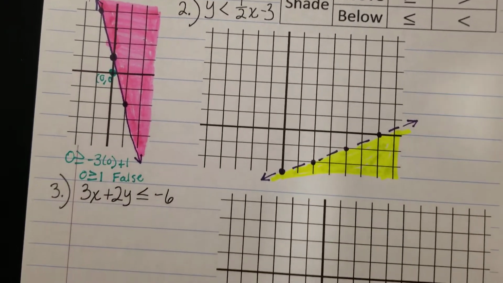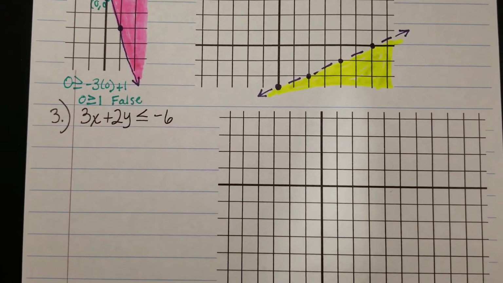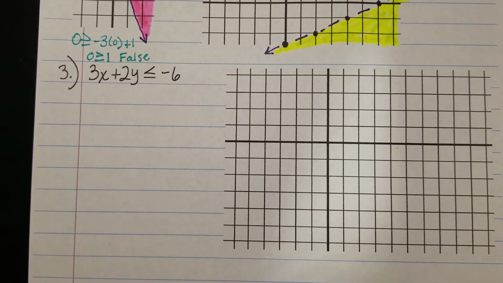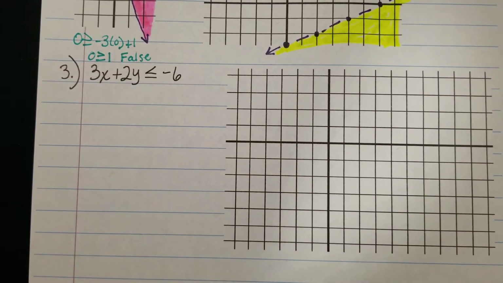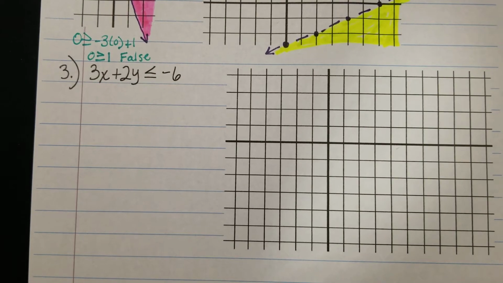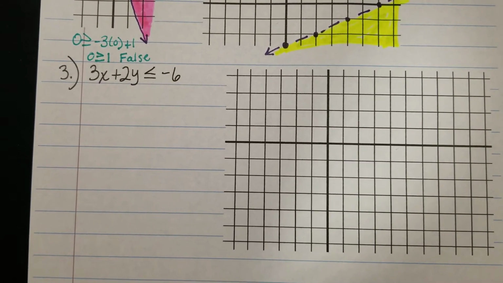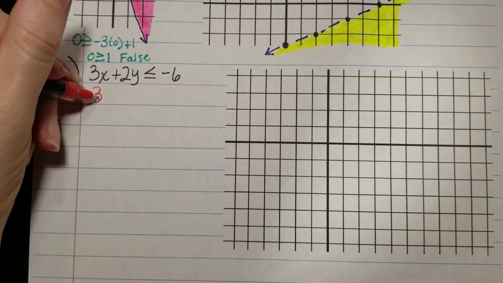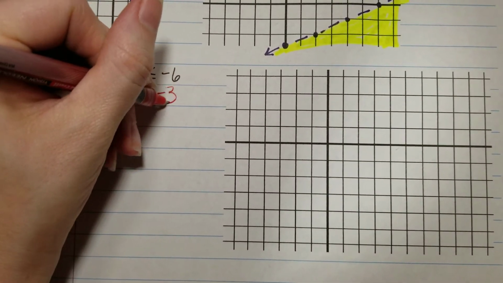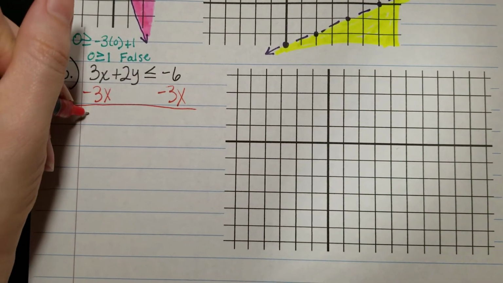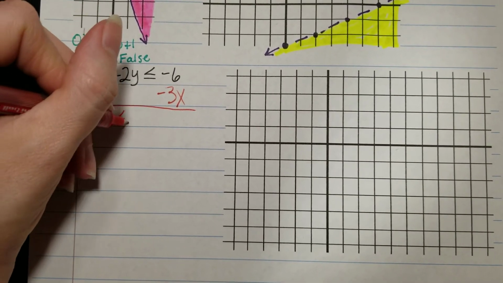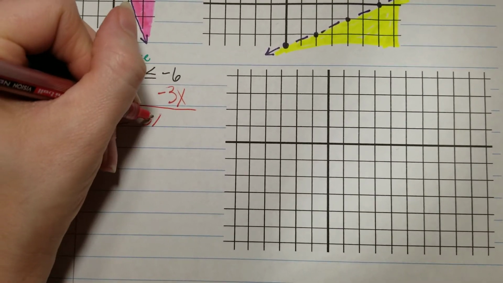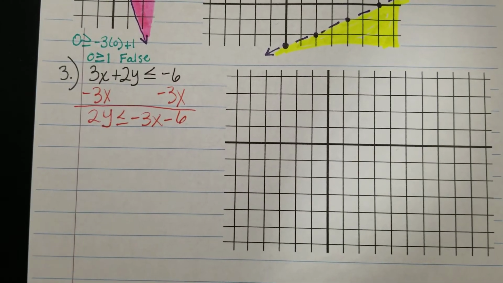All right, number 3. In this case, it is not in slope-intercept form. So first I want to get it into slope-intercept form, so I want to get y by itself. I'll start by subtracting 3x from both sides. That gives me 2y is less than or equal to -3x minus 6.